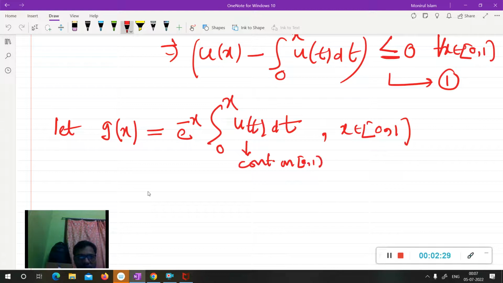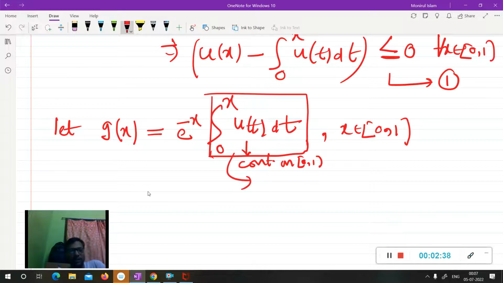So the function integral from 0 to x of u(t) dt is differentiable. From the Riemann integral, we know that if u(t) is continuous, then the integral from 0 to x of u(t) dt will be differentiable on [0,1].